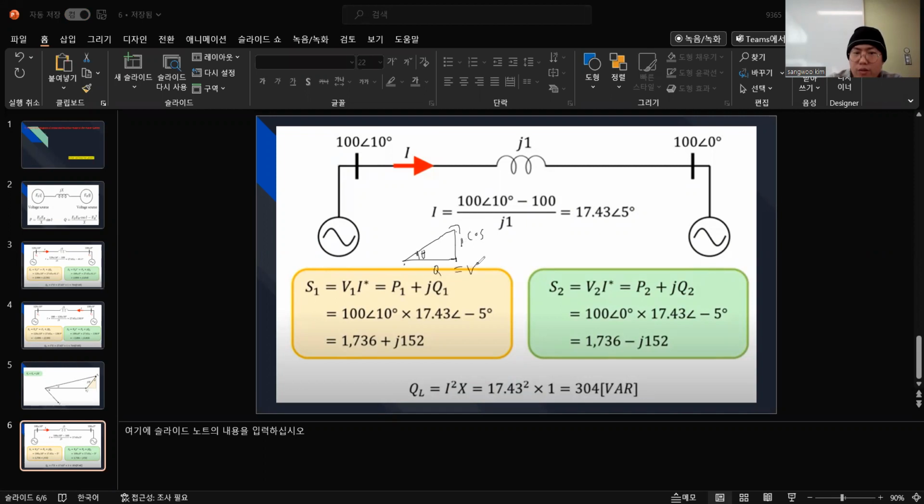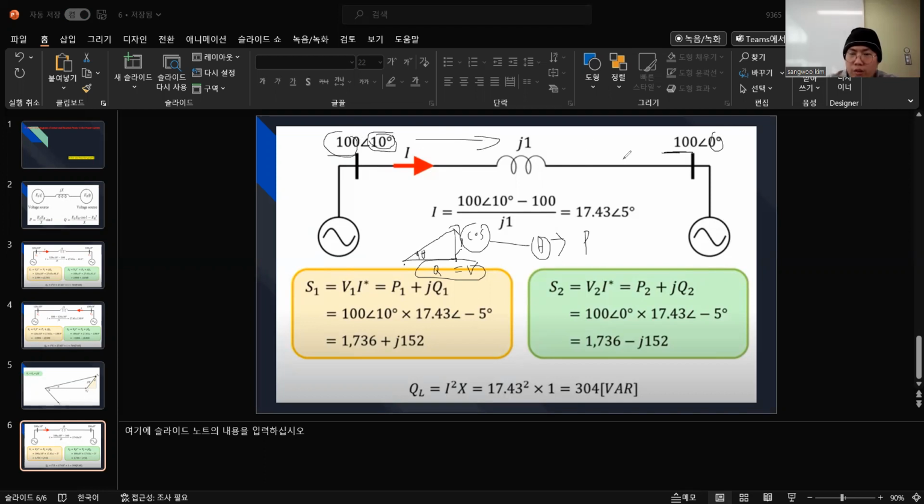Q is V, the magnitude. And then here, the angle is P. So the only difference is P, right? So which means P is flowing from here to here, right?